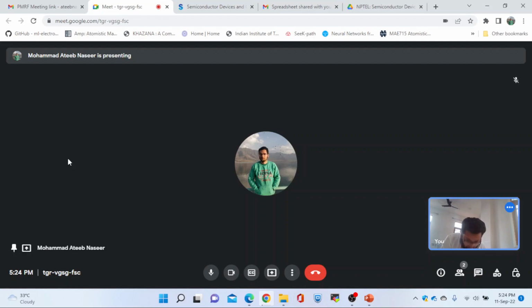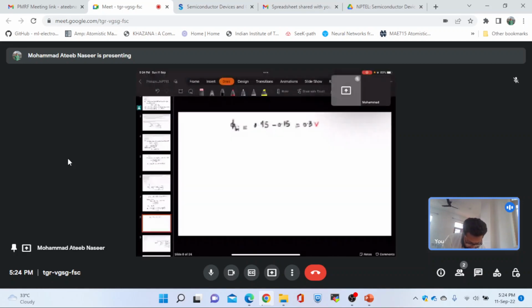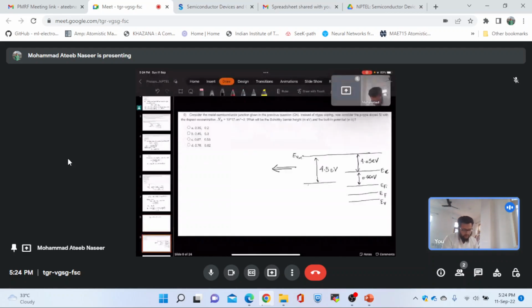So what I was showing you was that now I have to draw the energy band diagram for this. It will look like this, if this is the vacuum level, E vacuum, and this is the Fermi level.